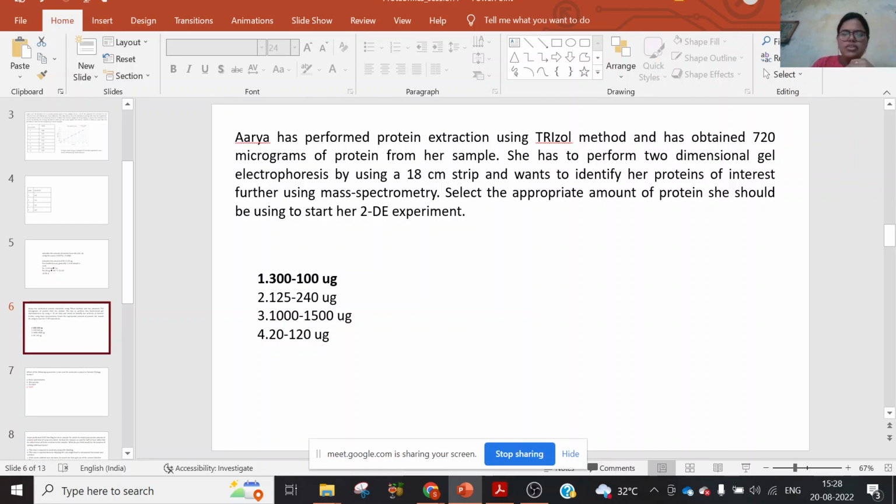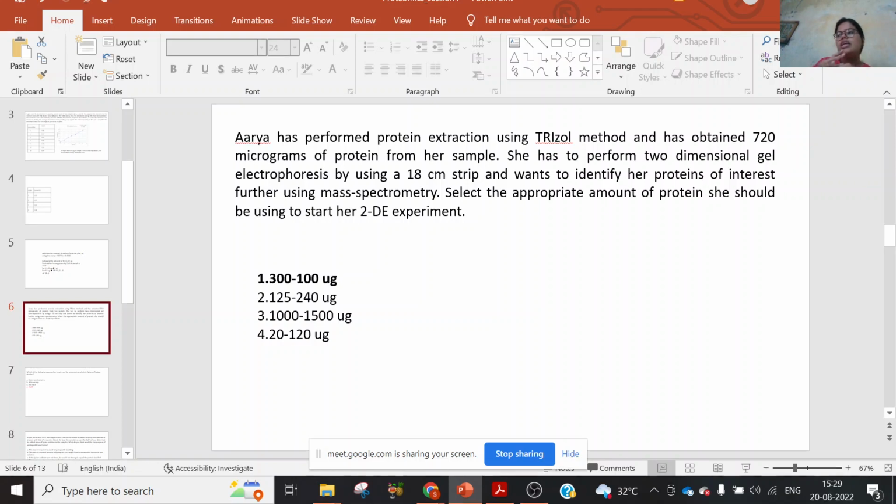In a similar way, it's not that you cannot use this, but you will not get an appropriate result as you are supposed to get. A higher amount of protein may give you bigger bands, and you might not be able to see distinct bands. If you are using a low amount of protein, you won't be able to separate out, and you might miss out on some very low abundant proteins.